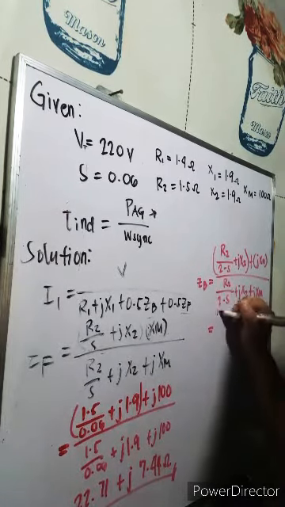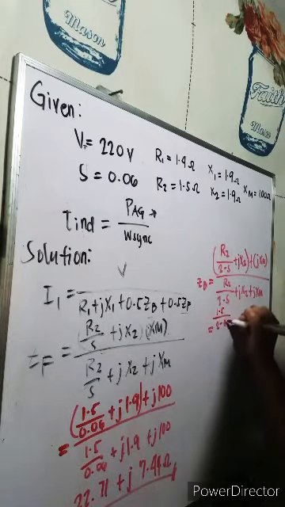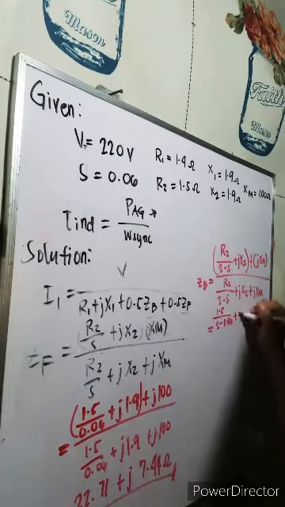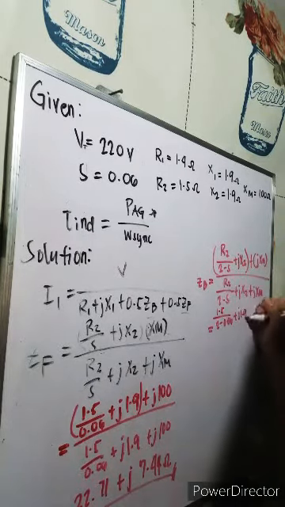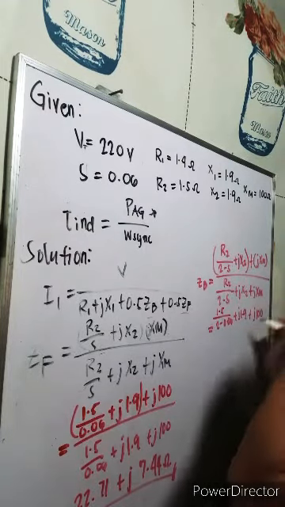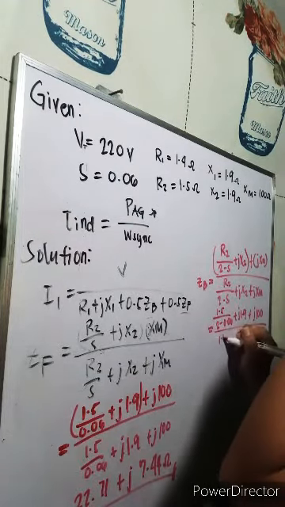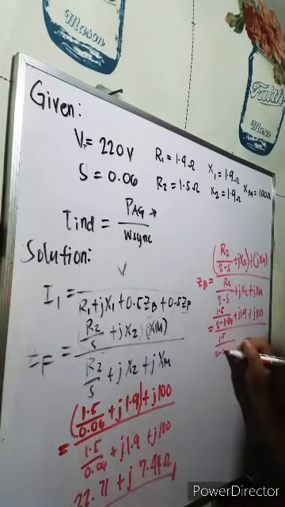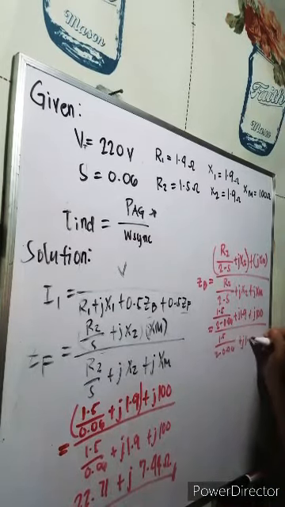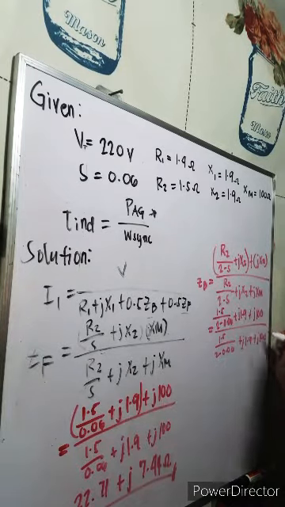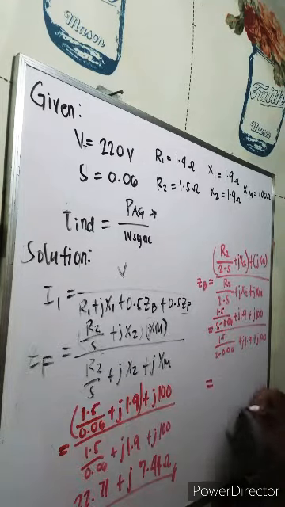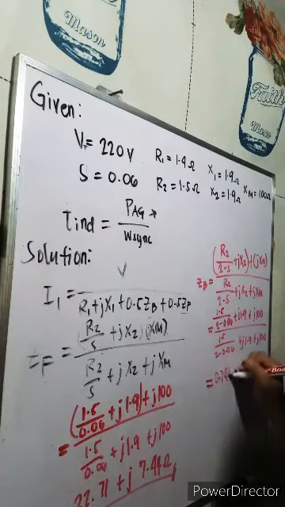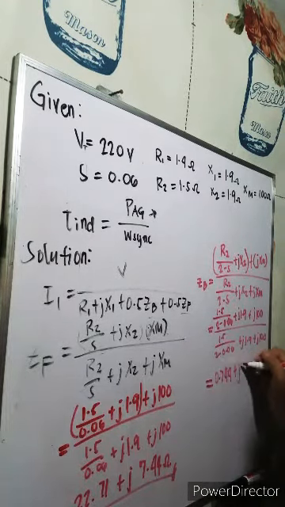Substitute 1.5 over 2 minus 0.06 plus j1.9, times j100, over 1.5 over 2 minus 0.06 plus j1.9 plus j100, which is equal to 0.744 plus j1.87 ohms.